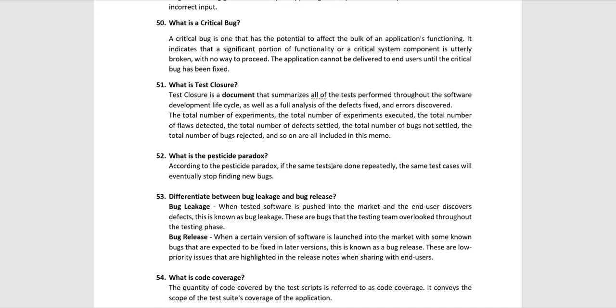So with the same test cases, if they are executed repeatedly, they will stop finding new bugs eventually. This principle is the pesticide paradox. It is one of the principles of software testing and an interview question.